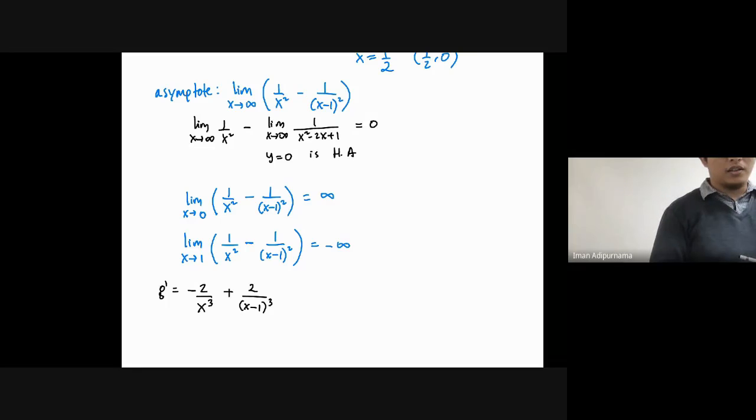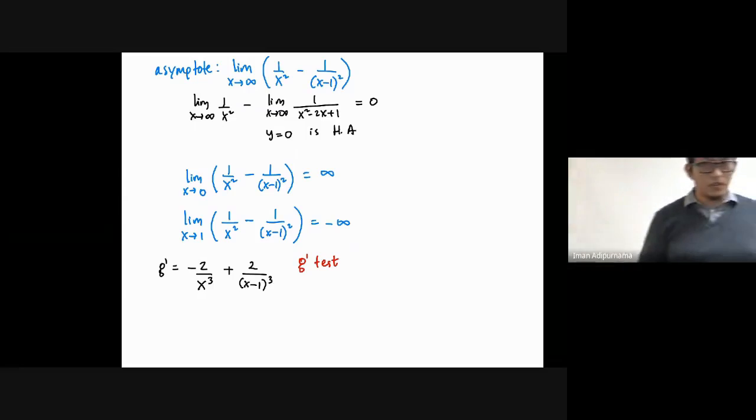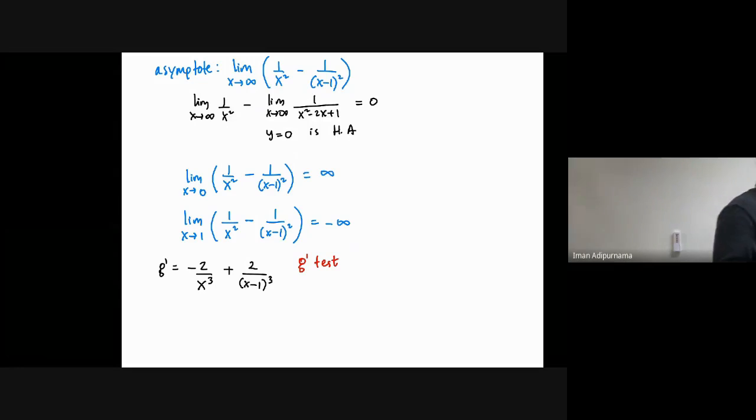Then we can do the g prime test. First, maybe we need to find when g prime is 0, is there any x that fits our equation?